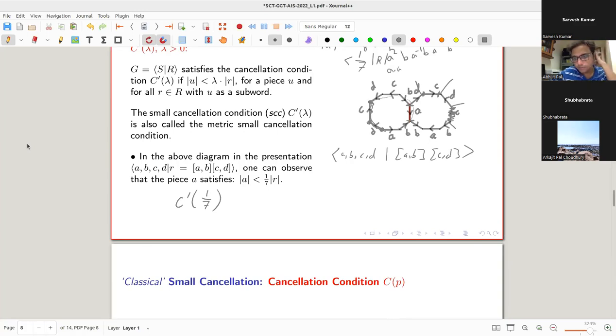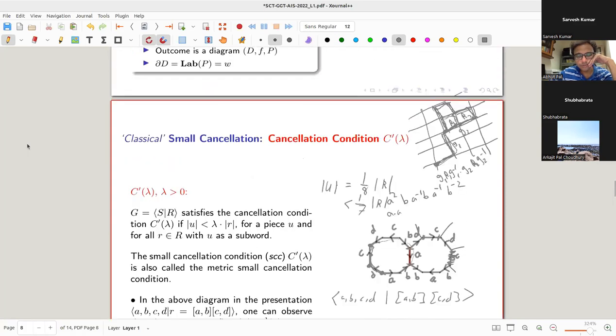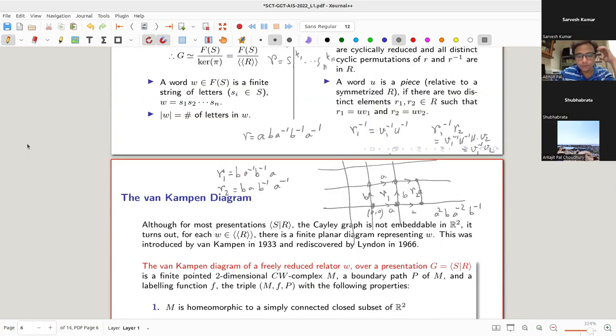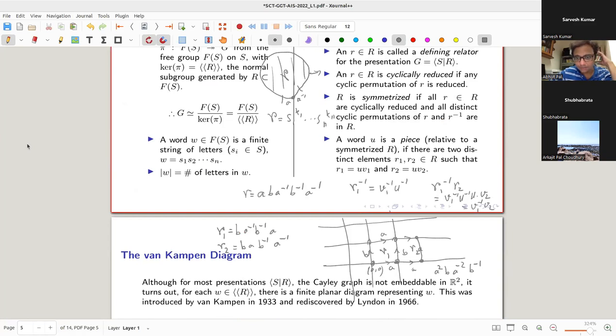So we are not getting new relators by taking a symmetrized set of relators. We are just taking them all because of the ease of stating these conditions. I have to be able to write it this way.